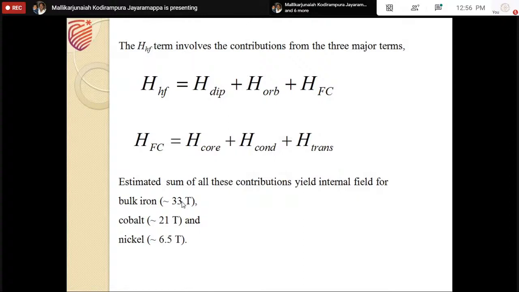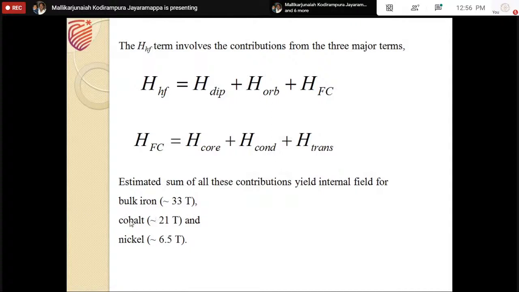The commercial magnets at the Indian Institute of Science or major institutions across the country go up to about 27 or 25 Tesla of external magnetic field. As you have seen in the second slide, where I showed the schematic of the NMR spectrometer, the typical magnetic field we apply externally is around 20 to 25 Tesla. But the internal structure of the molecule itself can create about 33 Tesla at the iron site.